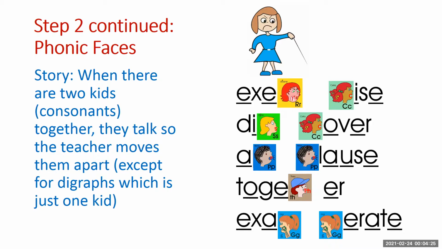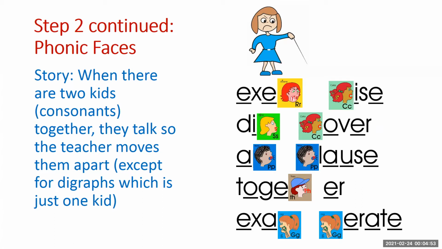How does Phonic Faces help children understand this? The story is when there are two kids or consonants together, they talk. So the teacher moves them apart, except for digraphs, which is just one kid. So same words as before, but we can see the R and the C are two different kids. They have to move apart and quit talking to each other. The S and the C, two kids, move them apart.